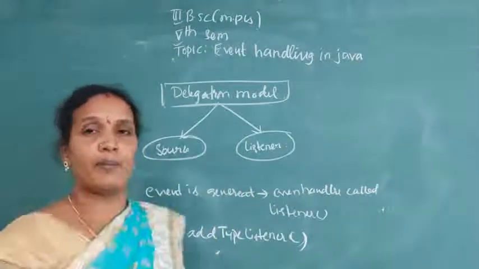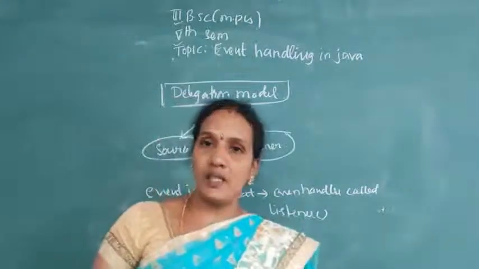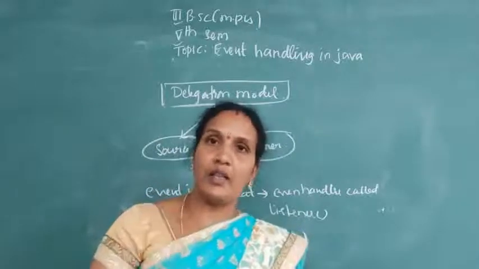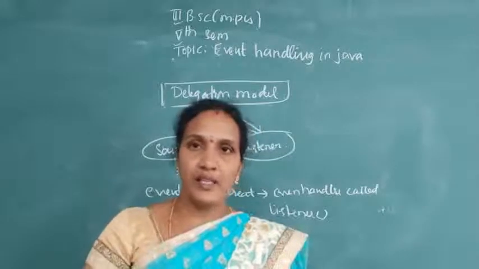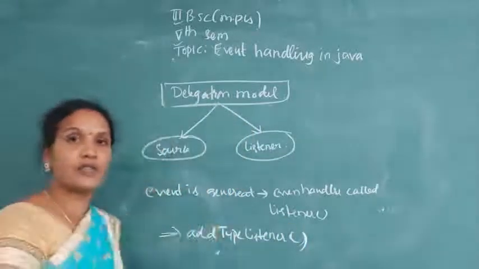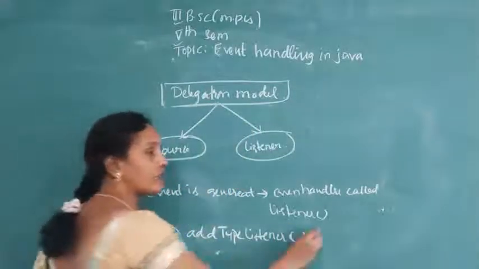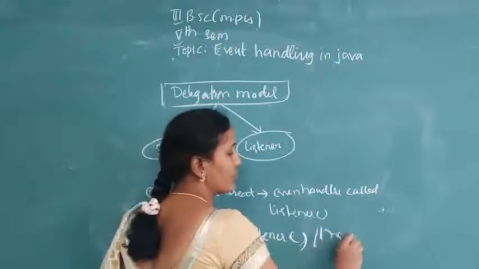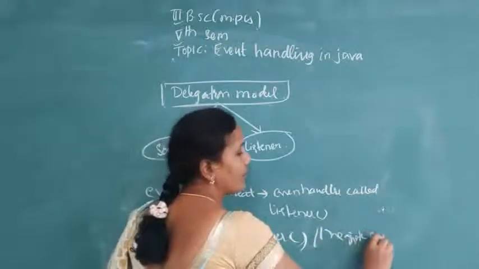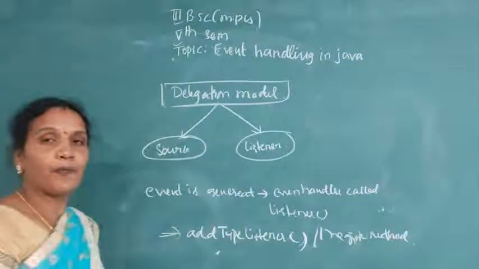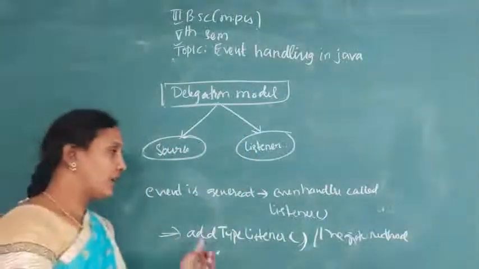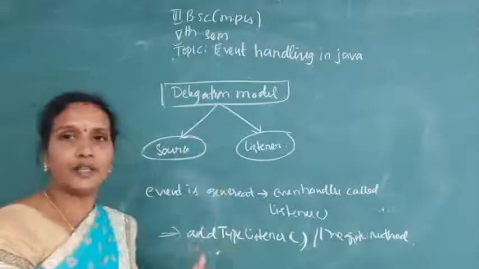It is compulsory: whenever any source is there, in order to handle that event, that source must be registered with the listener. For each and every event there is a registration method, and the registration method should be called when the event is performed.